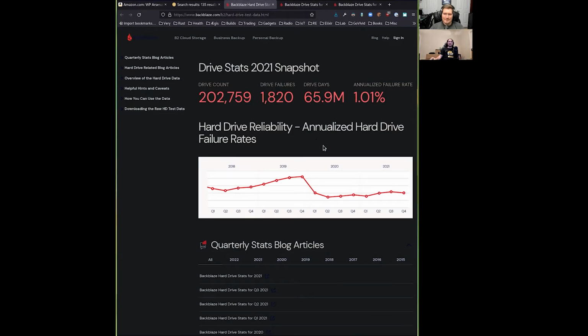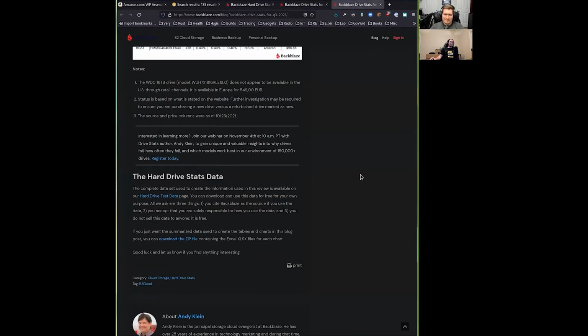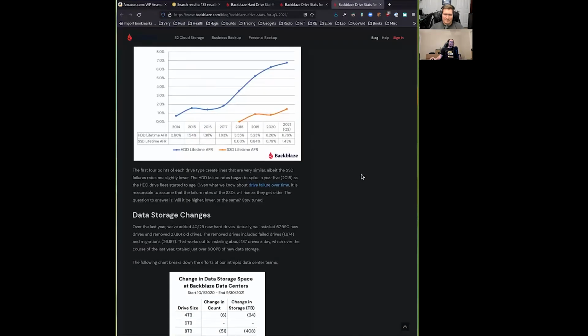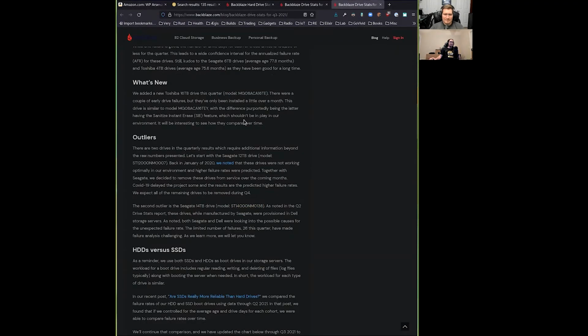But there are anomalies. I think in Q3 of 2021, there were two outliers in, I believe, two pools of drives that Backblaze put into production, and both of them were Seagate. One was a firmware issue.